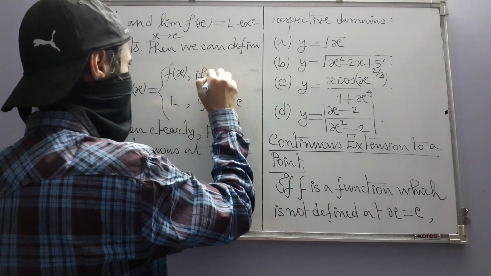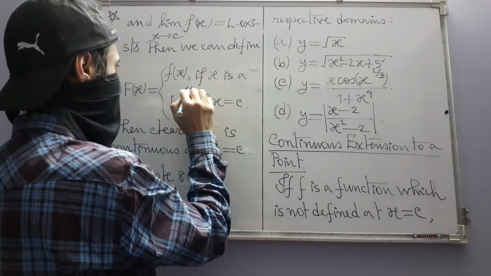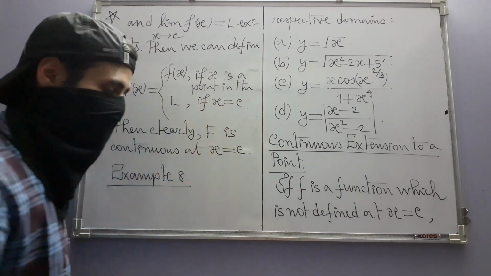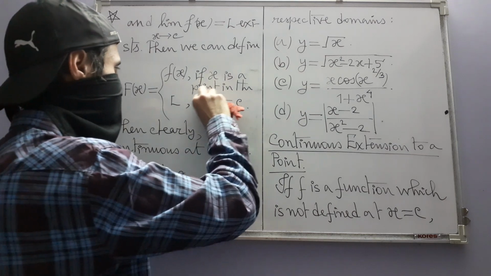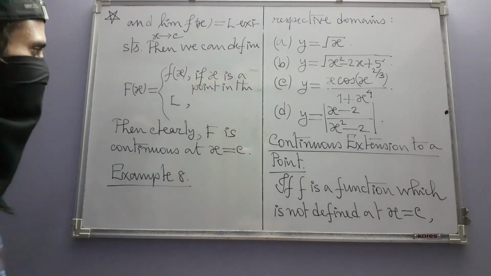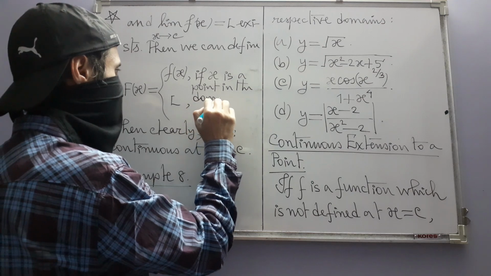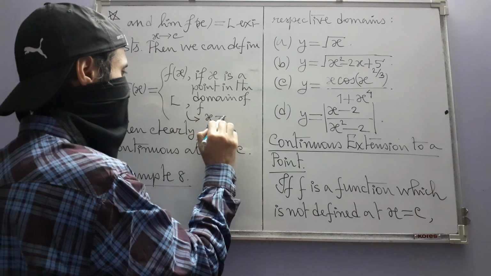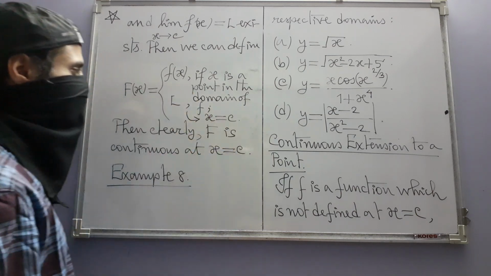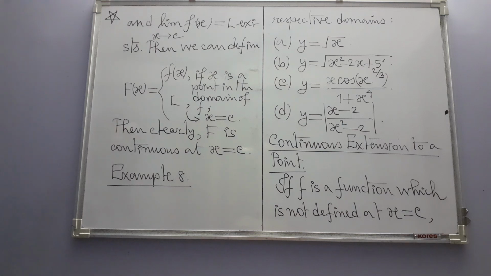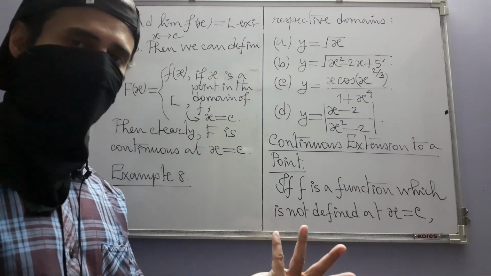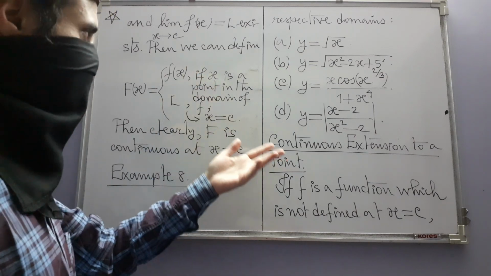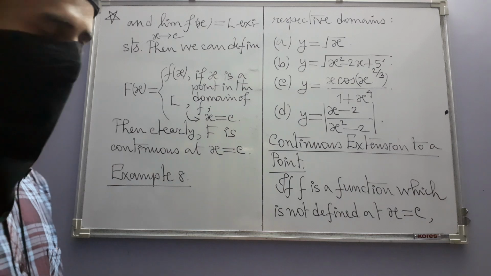If x is a point in the domain of small f, and here if x is equal to C. Yeah, that's because C originally is not a point in the domain, as small f is not defined at C. So if our input is coming from there, then it is small f value.